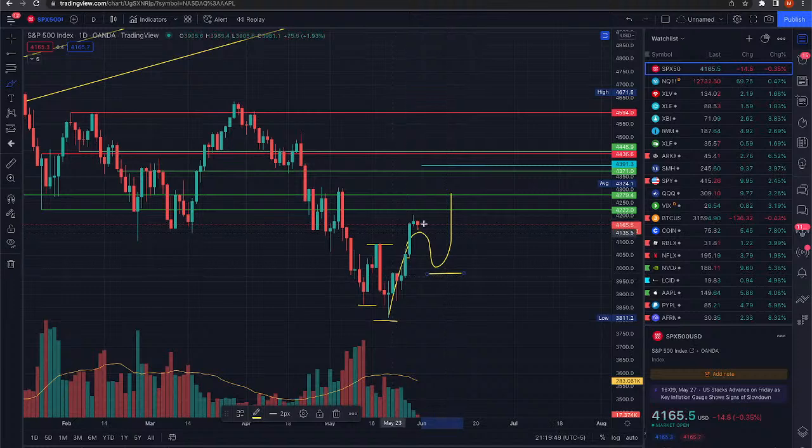So the most important thing for SPX is to top out on the 1 hour, whenever that is. It's kind of topping out now, and then create a daily higher low compared to the one down here, and change the trend.